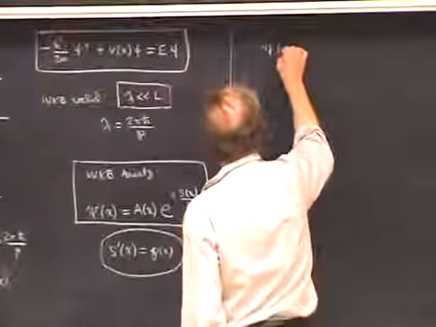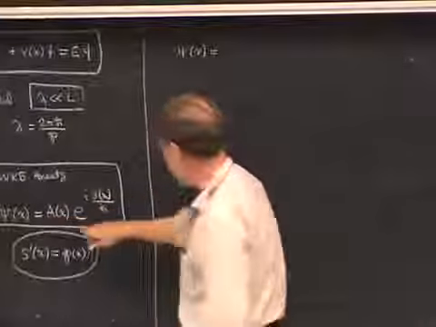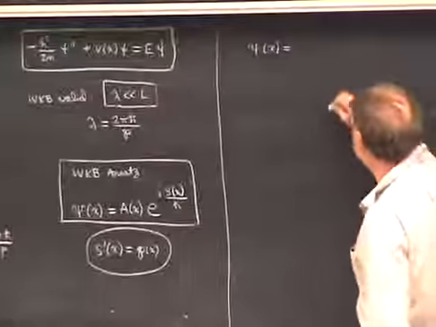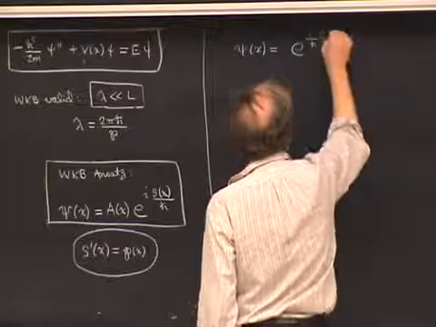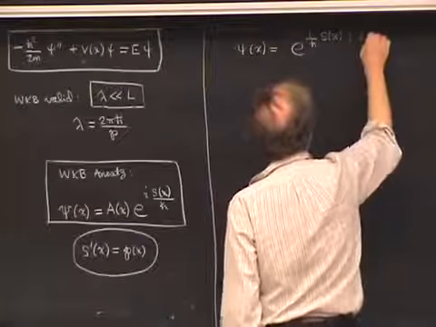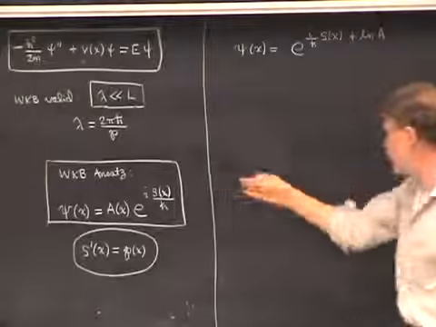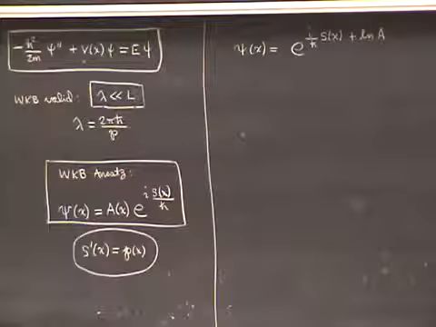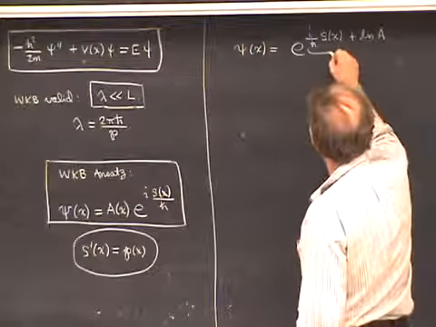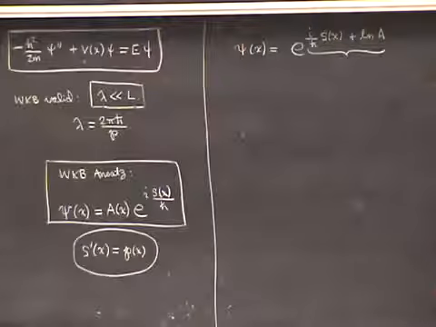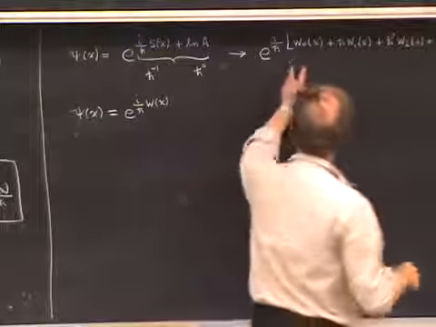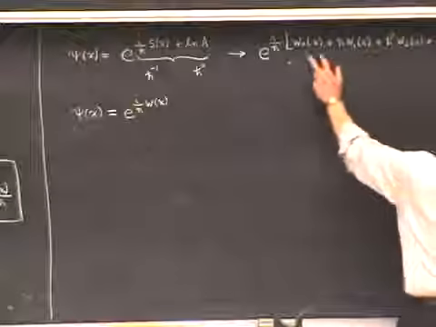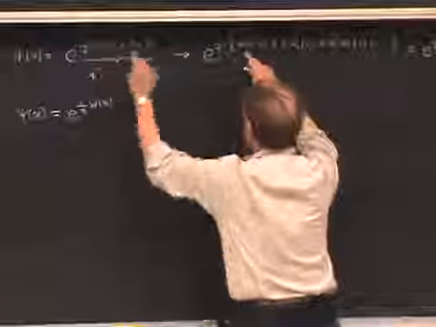First of all, let me just rewrite the WKB ansatz by bringing the amplitude A up into the exponent. So I'll write it as e to the i over h bar times s of x plus the logarithm of A. That's no change, of course. But when we do this, you can notice that when the logarithm appears in the exponent, it's starting to look like a power series. Oh, by the way, let's notice in comparing this series here, w0 is the same as s.